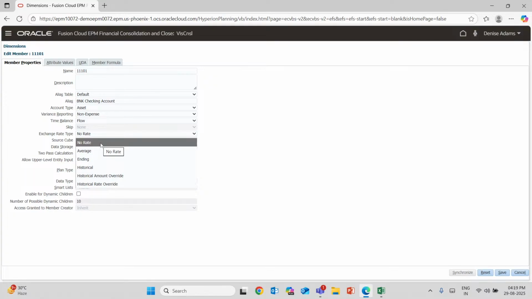So if it is no rate, then in no rate it will take the ending rate translation. Whatever is the figure, it will take that figure only in the row rate.